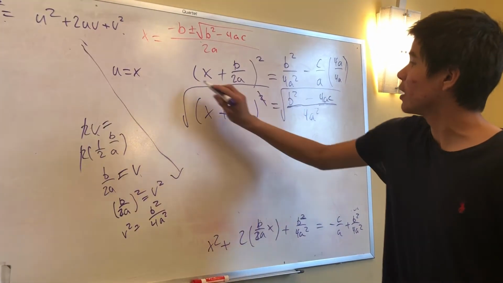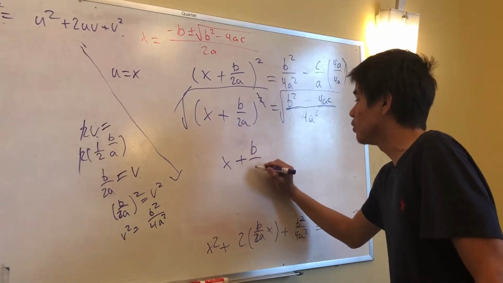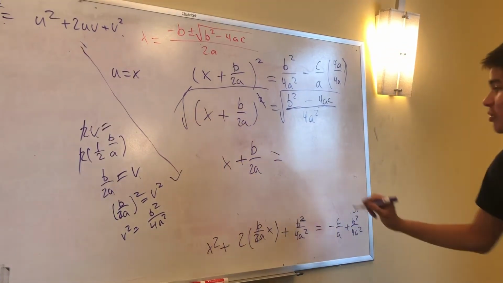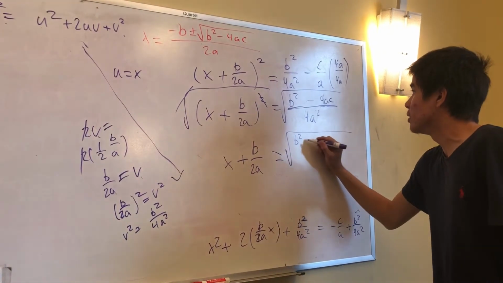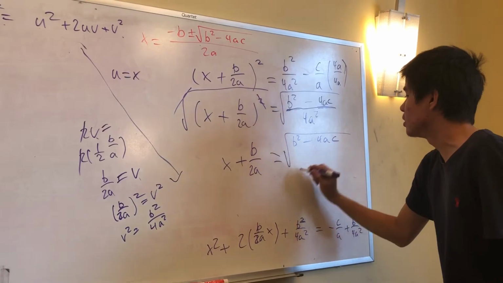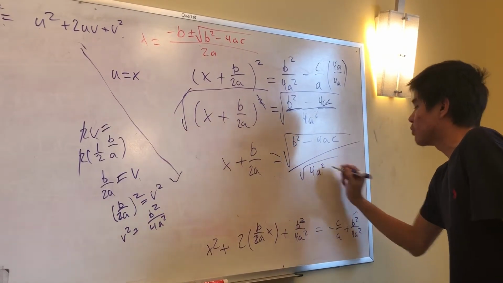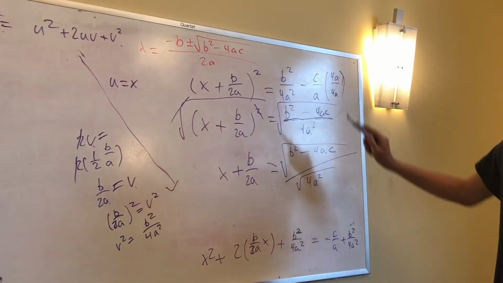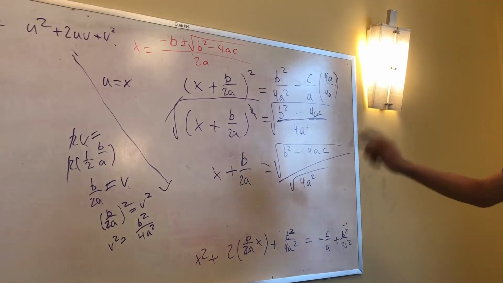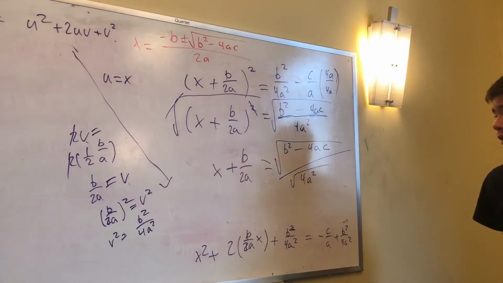Now our square and our square root will cancel here, so we're left with x plus b over 2a is equal to the square root of b squared minus 4ac all over the square root of 4a squared. Now this is to say that the square root of a fraction is the square root of the top part of the fraction divided by the square root of the bottom part of the fraction. That's what we did here.